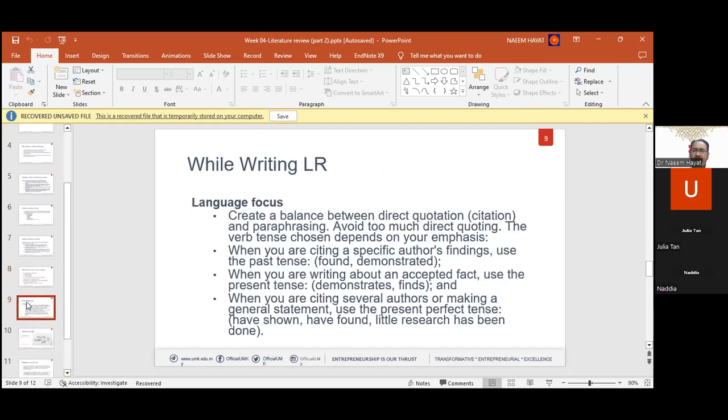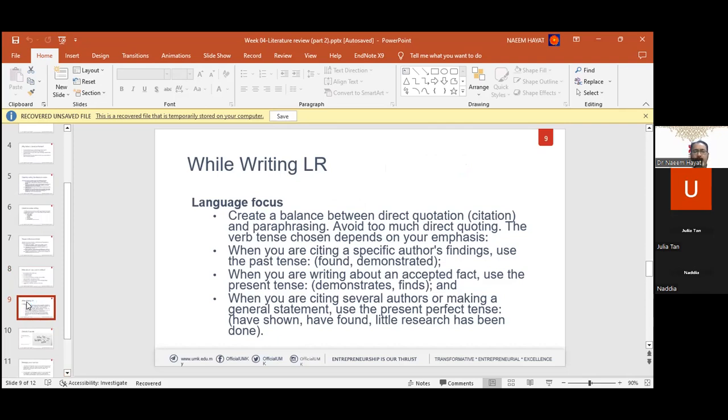While we are writing, there are three things that we need to keep in mind and balance, and we should give a writer's touch. The first thing is the language focus. When we are reading other people's work, one way of writing is a direct quote or citation of the definition provided in the literature by a researcher, or maybe paraphrase.